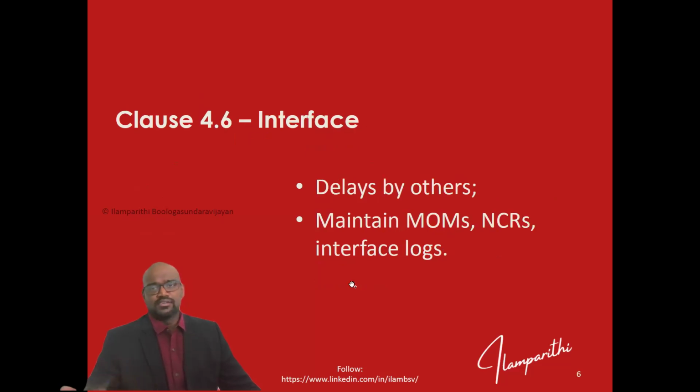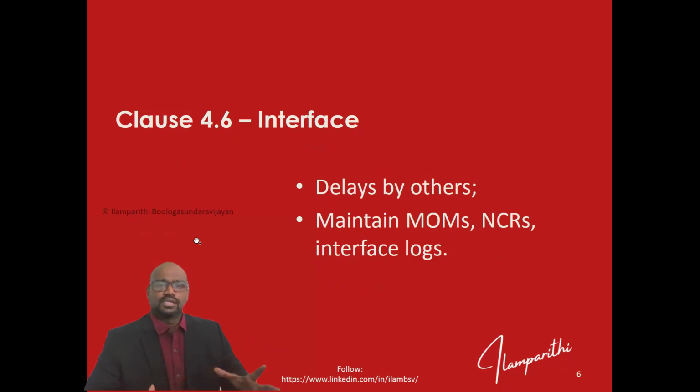Clause 4.6, interface. When too many contractors are involved, a delay by one of the other contractors will definitely affect this contract. So what should you do? You should maintain interface MOMs with other contractors, and you have to maintain the NCRs which result in delay. For example, there is a civil contractor, there is a foundation upon which a mechanical installation has to happen.